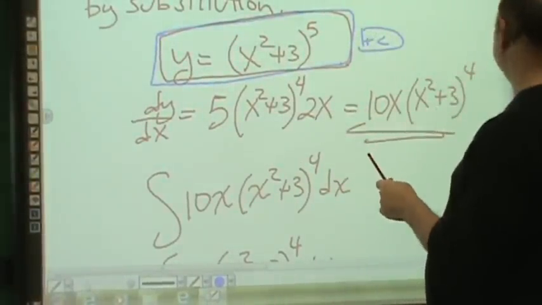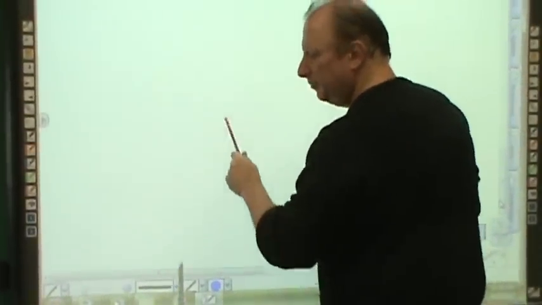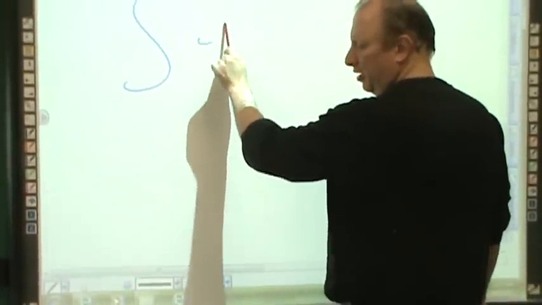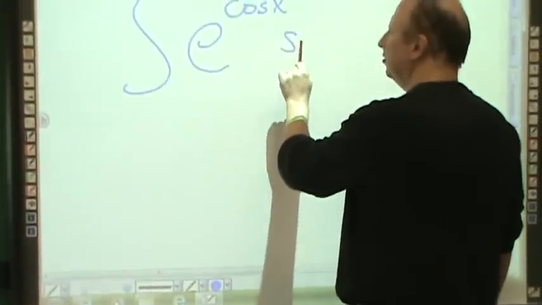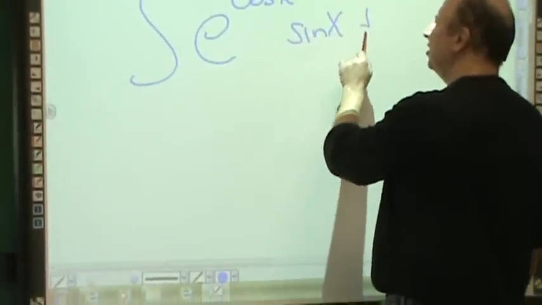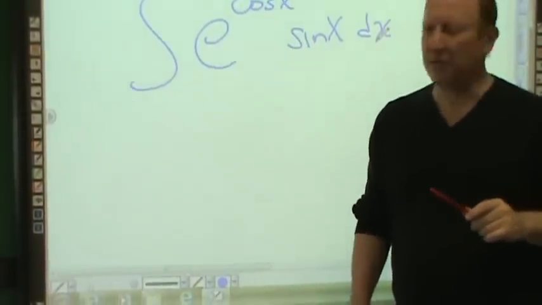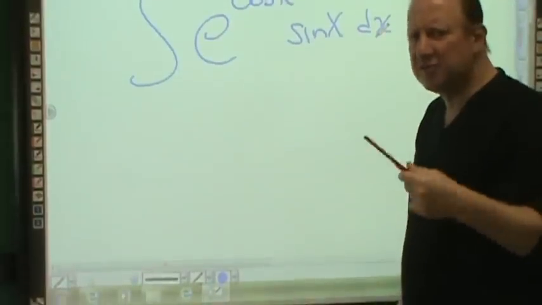Let's do it again. What I'm going to do is put up here 2 or 3 separate examples, and we're going to practice it and look at it. Let's say I would say the integral of e to the cosine x times sine x dx. Well, the first thing is, I don't know how to integrate it. So let's look at substitution.